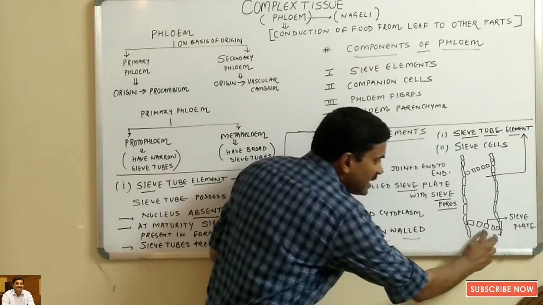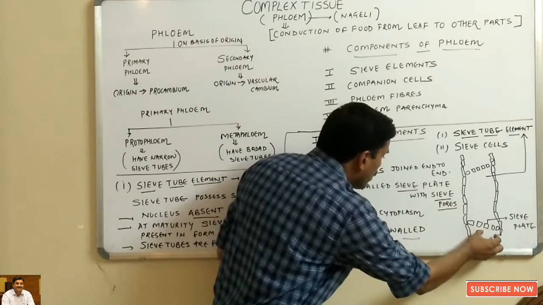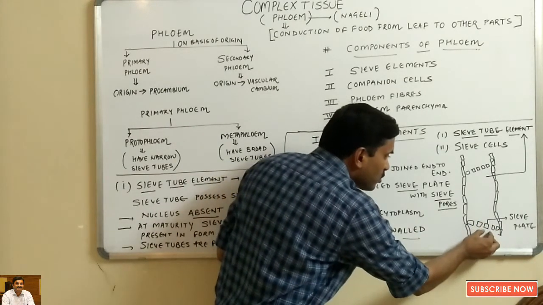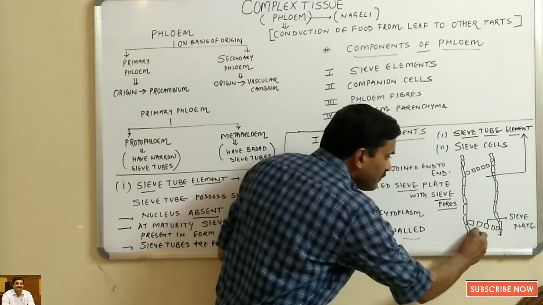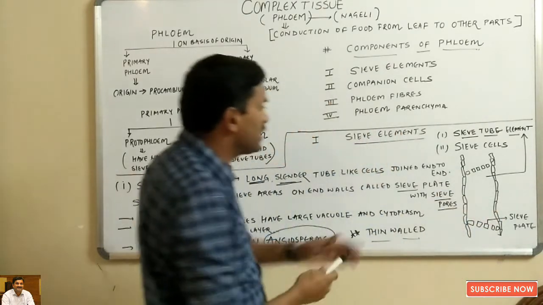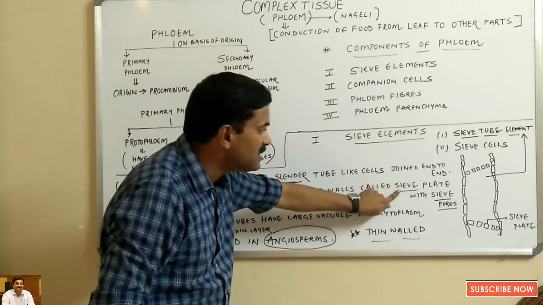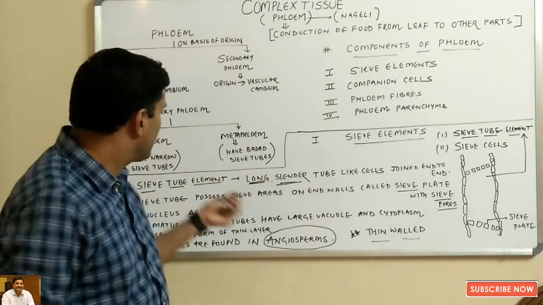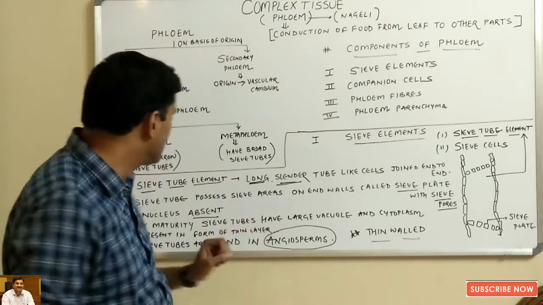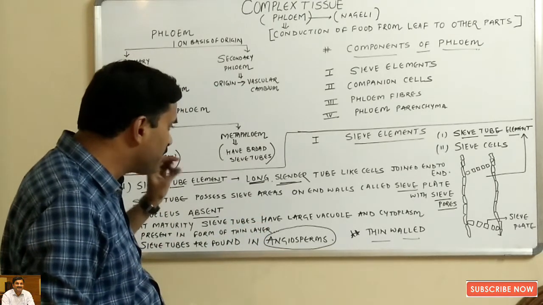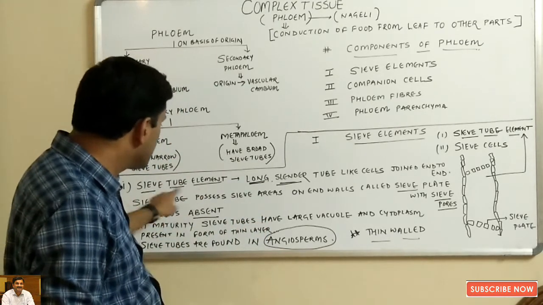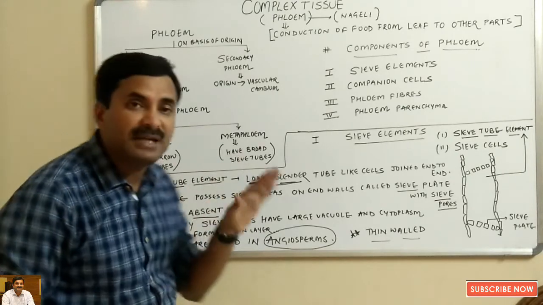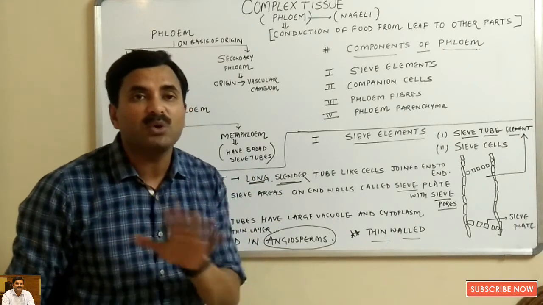So this is the end wall, and on the end wall sieve pores are present. This end wall with many sieve pores is called a sieve plate, and that is why they are called sieve tube elements. Now the very peculiar feature of the sieve tube element is that in them the nucleus is altogether absent.